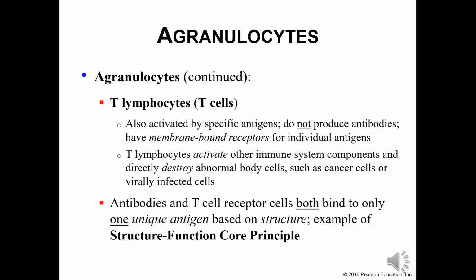These are made in the bone marrow, and these cells will mature in the thymus gland, particularly during childhood. So T lymphocytes will activate many of your other immune system components, and then they directly destroy many of your abnormal body cells, in particular cancer cells and virally infected cells.